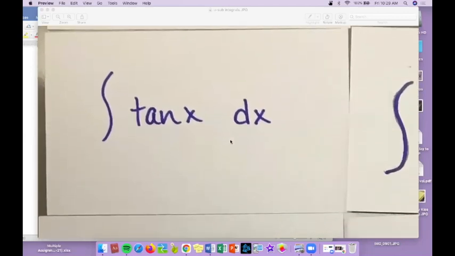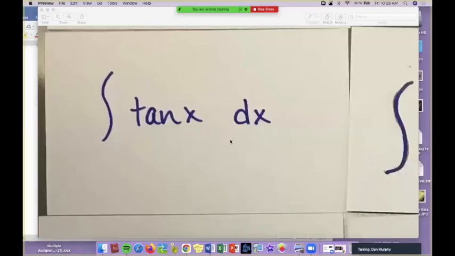Okay, 10 seconds, go. All right, that's 10 seconds. The integral of this is the negative ln of the cosine of x. I will give a little bit of prompting to this. This is the sine over the cosine. Recognize that the derivative of the cosine resides right there.